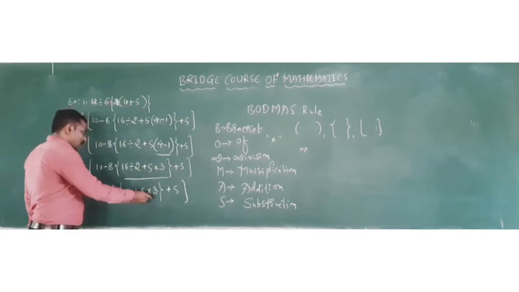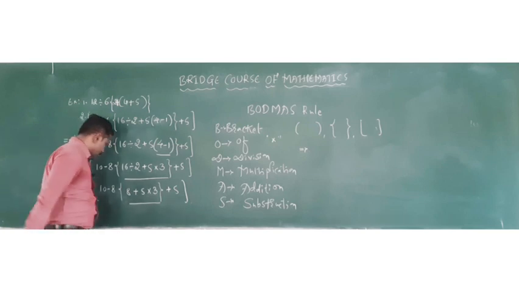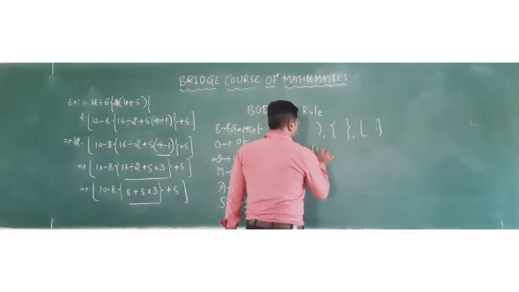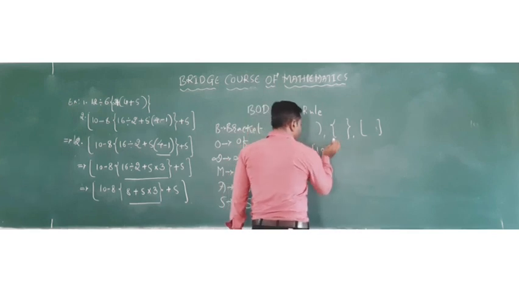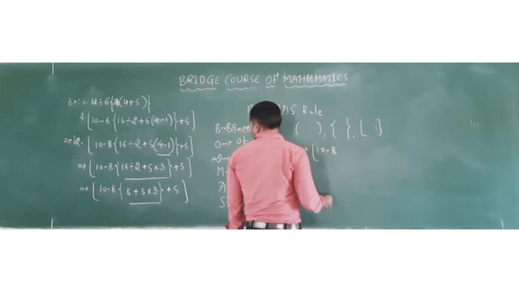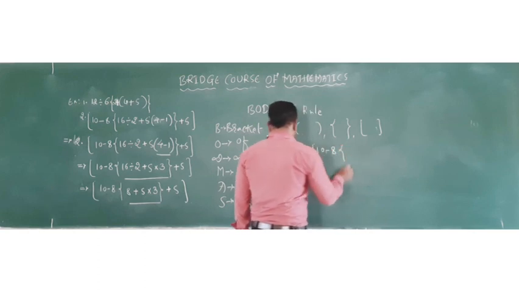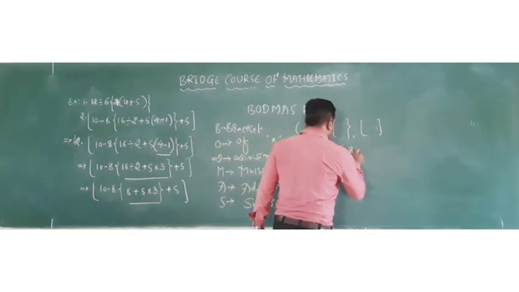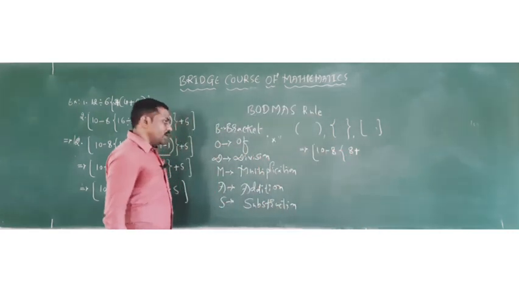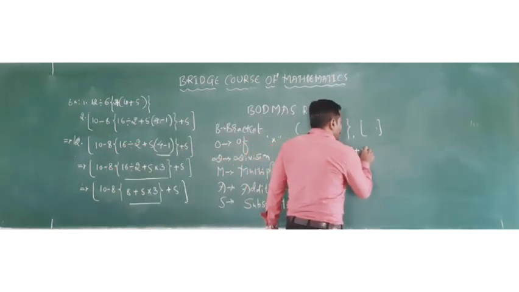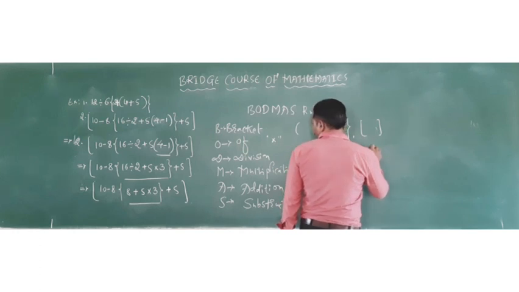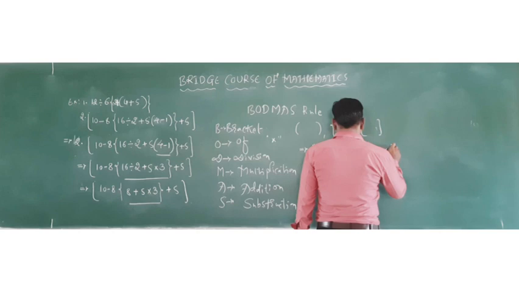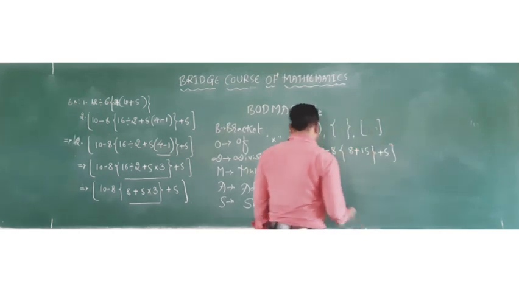So 10 minus, that is 8. Okay, 8 plus 5 into 3, that is what? 15. Close the flower bracket, plus 5, close the square bracket.